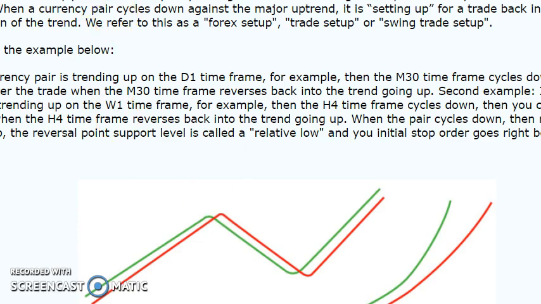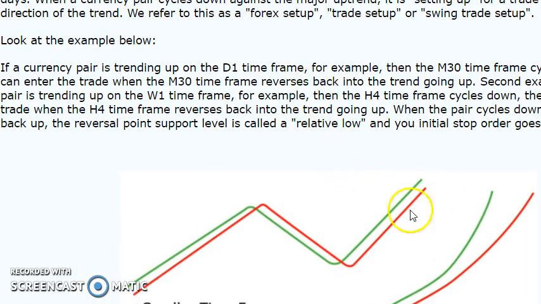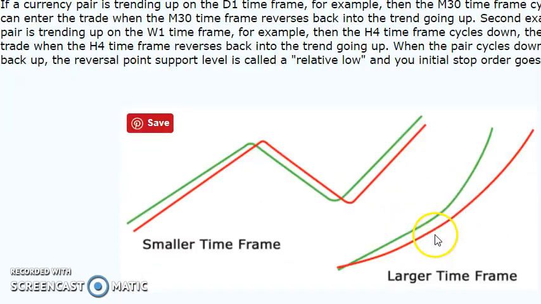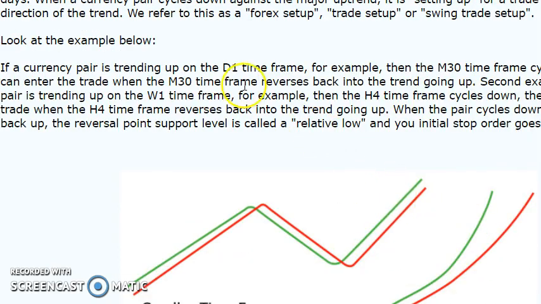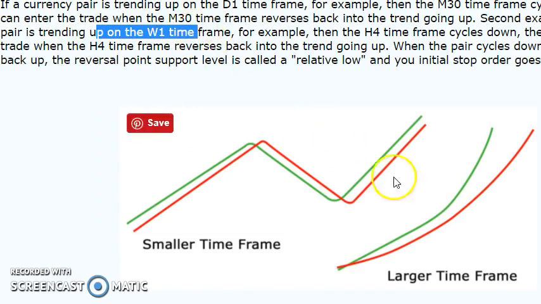So let me give you a couple of examples here. If this major trend here is a D1 time frame trend, then you would look to an M30 time frame or a smaller time frame to cycle down and then reverse back into the trend, and you would enter here. If the larger trend is a W1 time frame, this one here, then you could look for a cycle down against the trend on something like an H4 time frame.